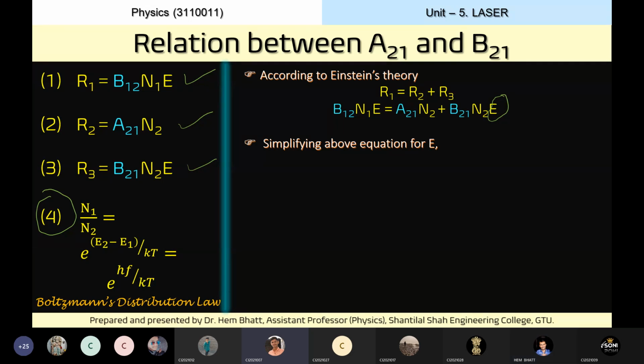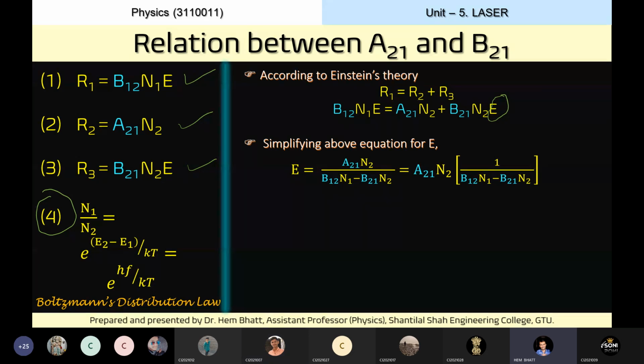A21 N2 છેદમાં B12 N1 માઇનસ B21 N2. Very good. It is E is equal to A21 N2 upon B12 N1 minus B21 N2, which can also be written as A21 N2 outside the bracket, and in bracket you have 1 upon B12 N1 minus B21 N2. Okay, આવી રીતે પણ લખી શકાય.